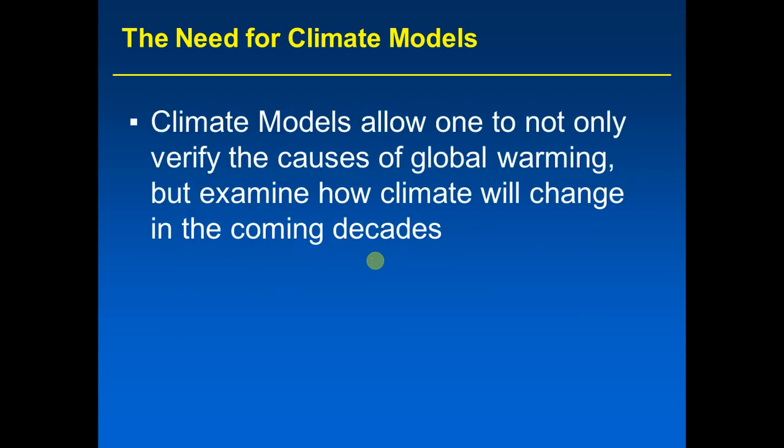So climate models allow one to not only verify the causes of global warming. For example, as a preview of what we will be talking about, climate models cannot simulate observed changes in temperature from 1900 through present using only natural forcing factors. In order to simulate the observed changes in global temperature over the 20th century into the early part of the 21st century, the climate models need to include human-induced factors.